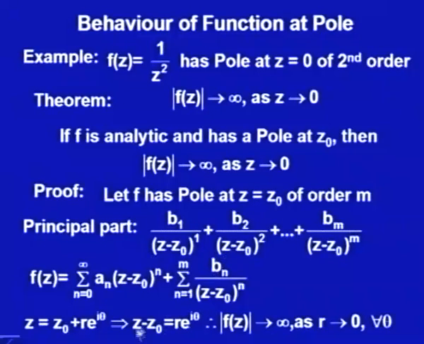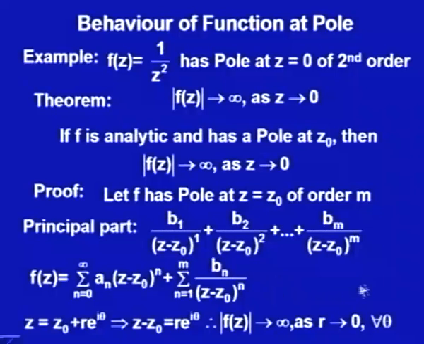Now, here all the terms, if I write it out, I would get r e to the power i theta, r square e to the power 2 i theta, up to r to the power m e to the power i m theta. Now, whatever be this theta, as r approaches 0, for every theta these terms would approach infinity, that is, this principal part will approach infinity.